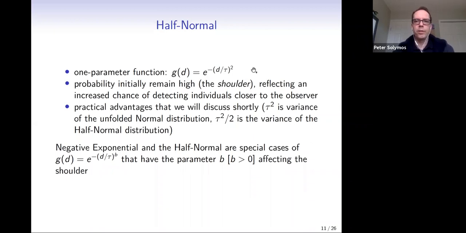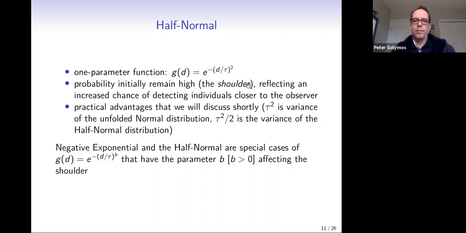So if you imagine a normal distribution, if you cut that half at the mean and kind of fold it together, that's how you get this half normal distribution. So this tau squared in the denominator is the variance of the unfolded normal distribution, and half of that is the variance of the half normal distribution.